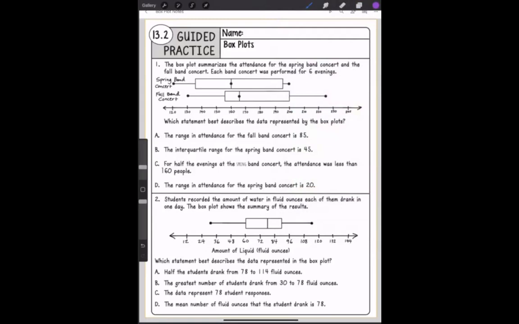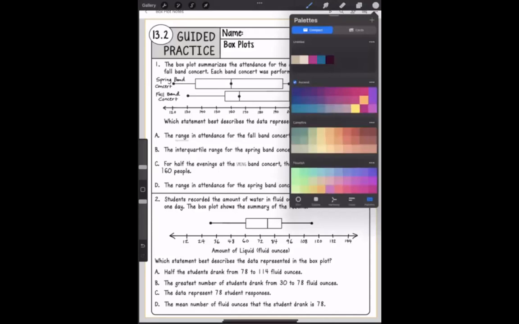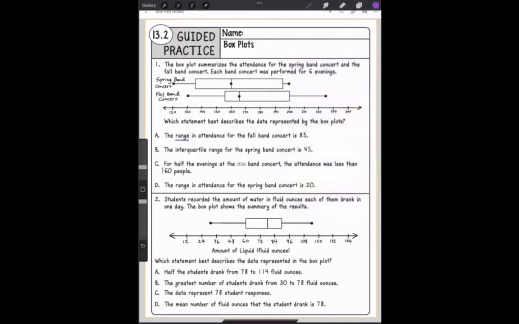Okay, so first says the range in attendance for the fall band concert is 85. Range is high minus low, and we're talking about fall. So here's my high, here's my low for the fall.